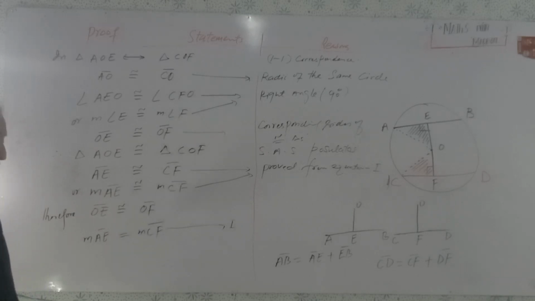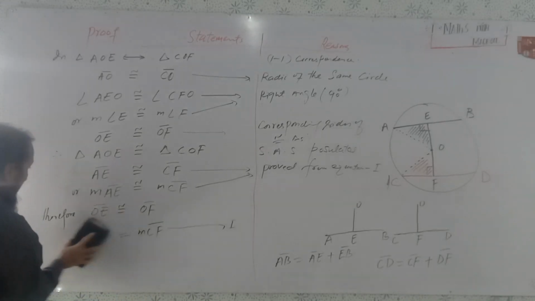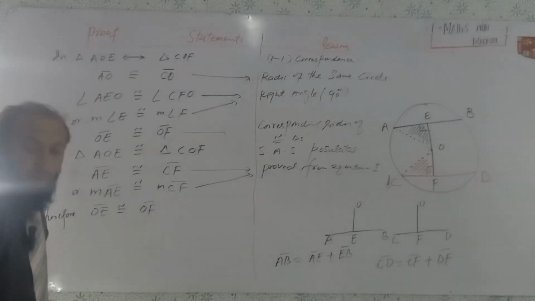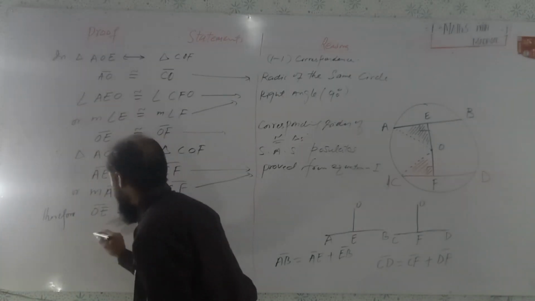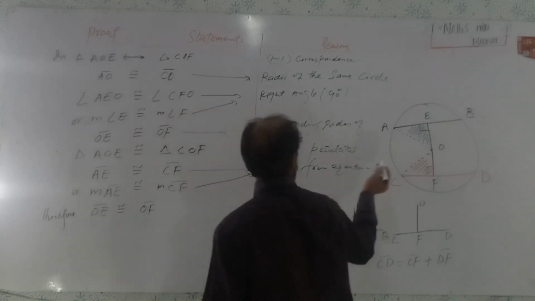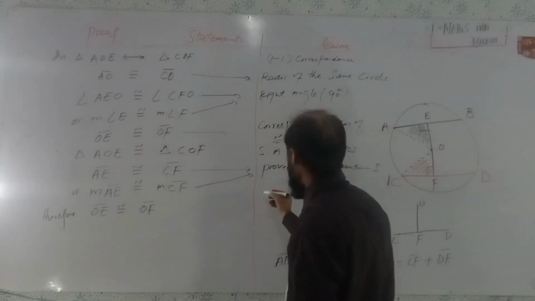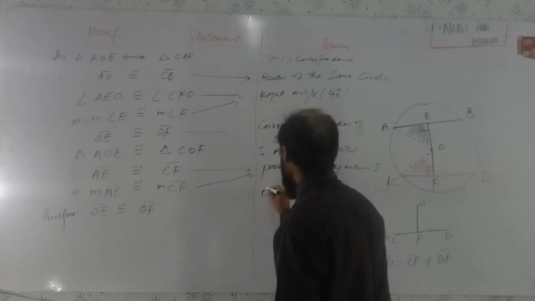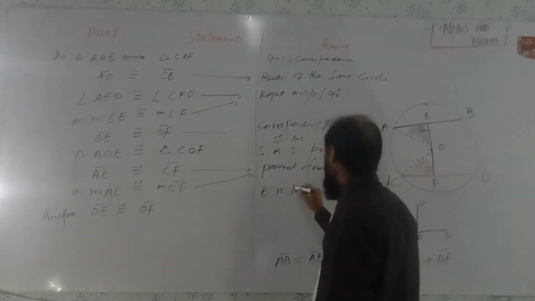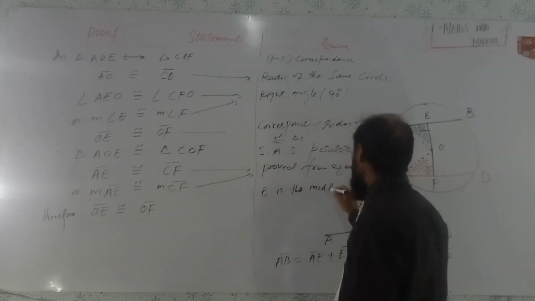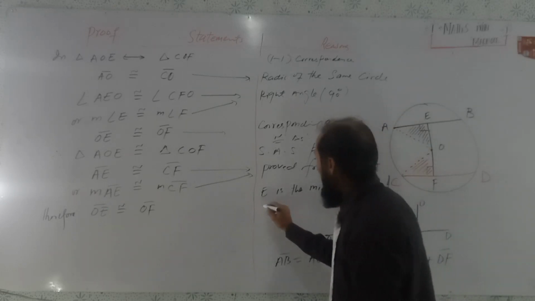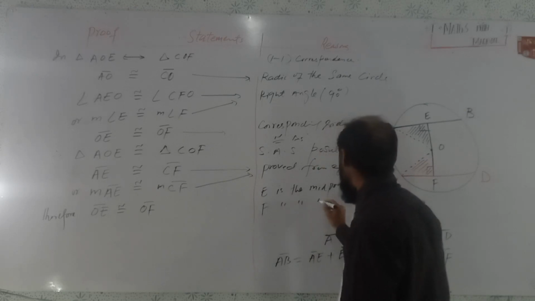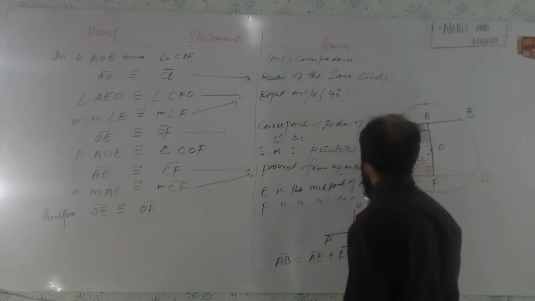Hence, since they are perpendicular to the chords AB and CD, E is the midpoint of chord AB, and F is the midpoint of CD.